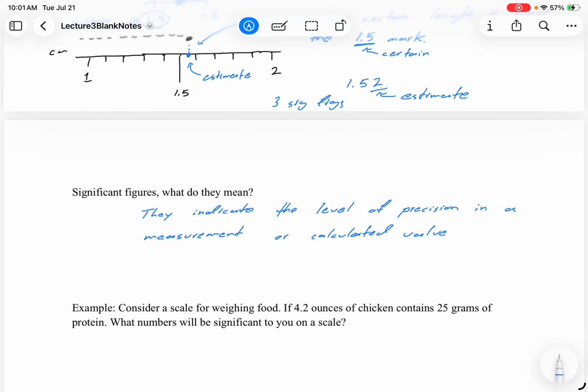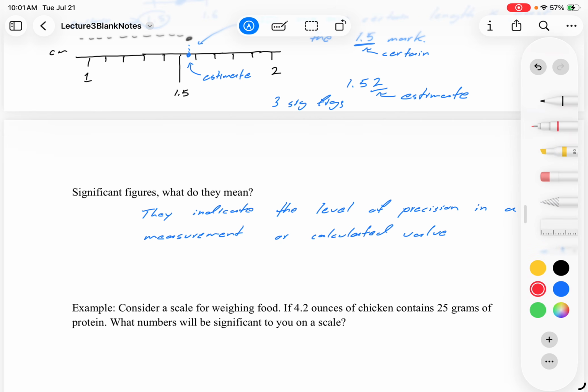Let us say that the precision is how close our measurements, a set of measurements, are to each other.